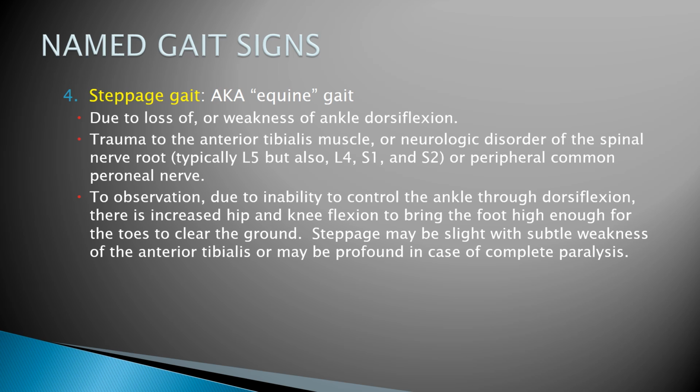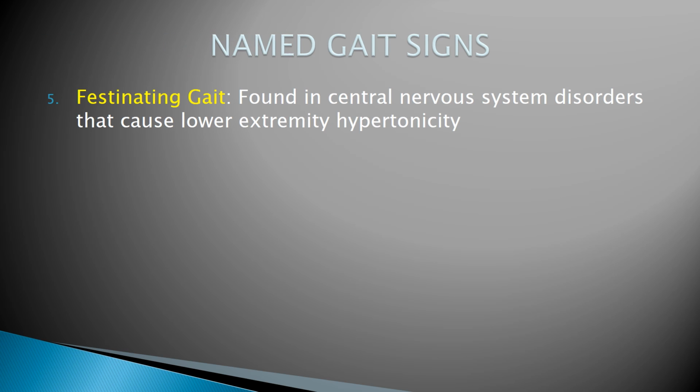Because due to inability to control the ankle, there's increased hip and knee flexion in order to bring the foot high enough for the toes to clear the ground. And like I said, this can either be subtle or it can be profound. And the videotape where I demonstrate this coming up in just a minute shows the example of the more profound steppage gait.